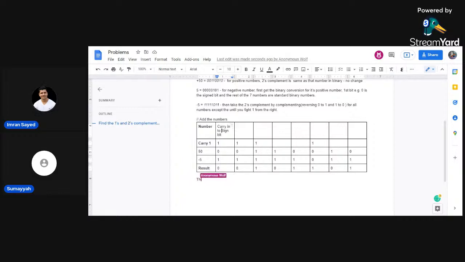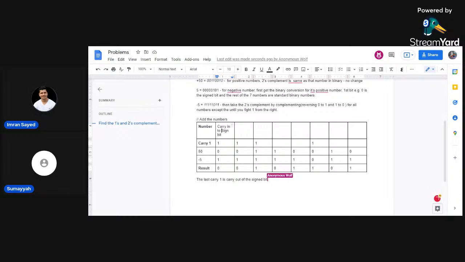The last one, carry, is sign out. What do you call it? Carry out of sign bit, because it's coming out of the sign bit. The carry under the sign bit is called carry into sign bit.